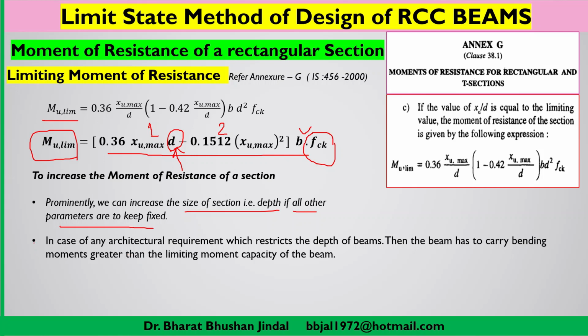But a very important aspect is, in case of any architectural requirement, suppose you are going to design any structure, but the architect or the planner has restricted the depth of the beam, and the other parameter you cannot vary, because the D by B ratio we have to keep as per experience.